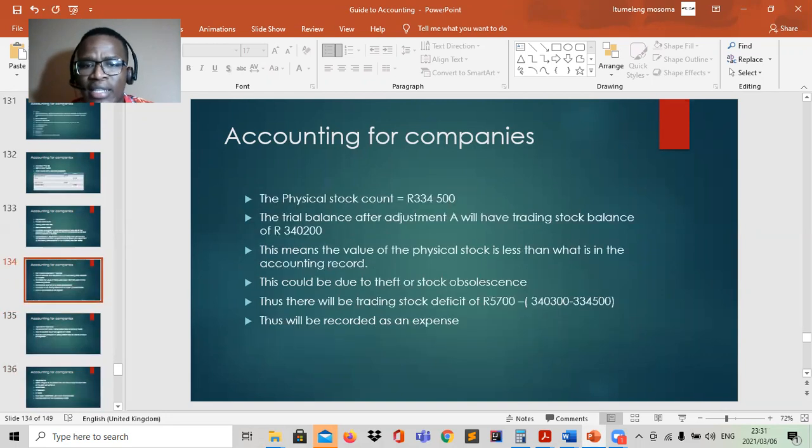Let's go to the next slide. This means the physical stock count is less than what is in the accounting records, right? Then what could be the reason? The reason could be theft or stock obsolescence, right? We have explained stock obsolescence: this is when the stock is no longer in a situation whereby it can be sold, or maybe it's damaged or whatsoever, right?